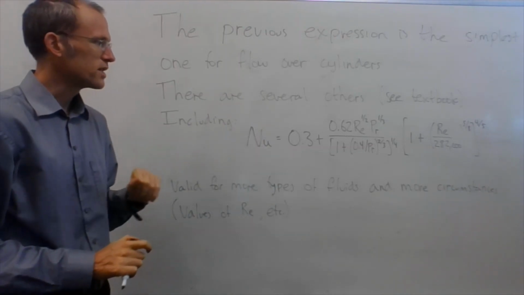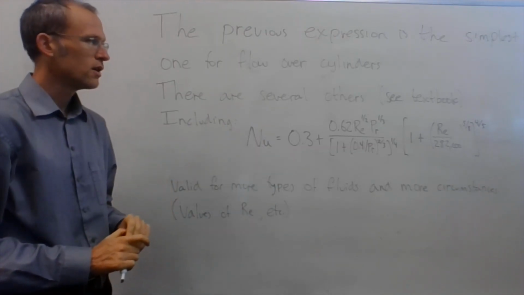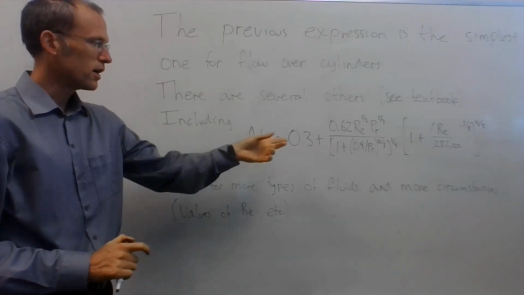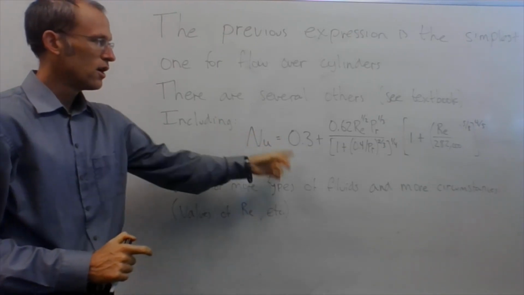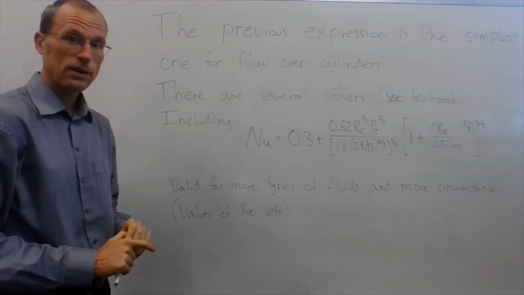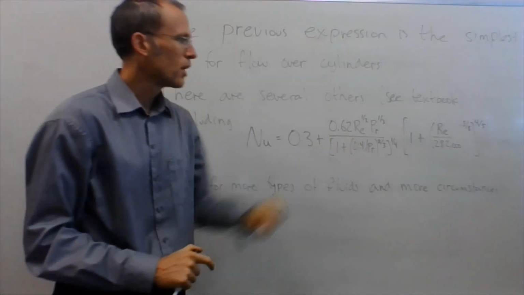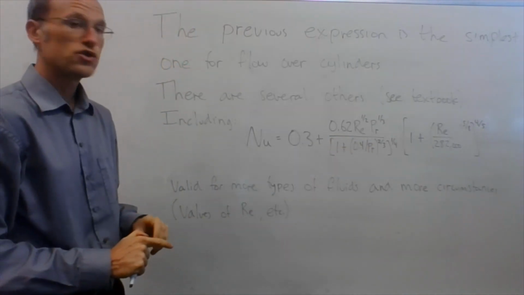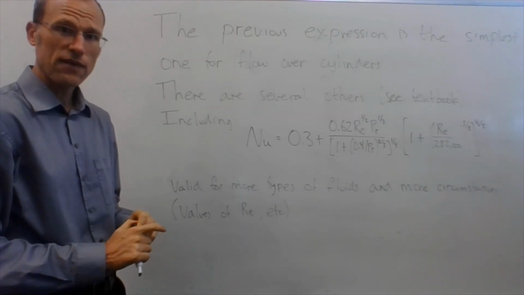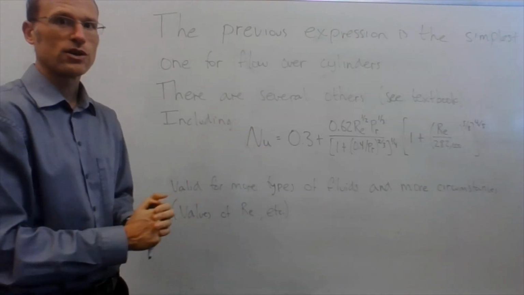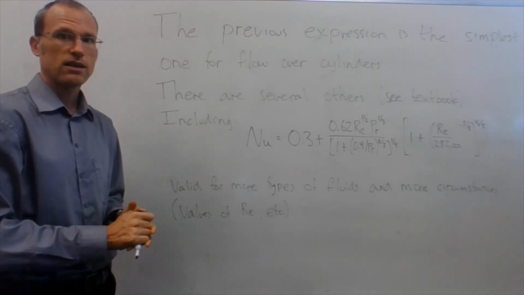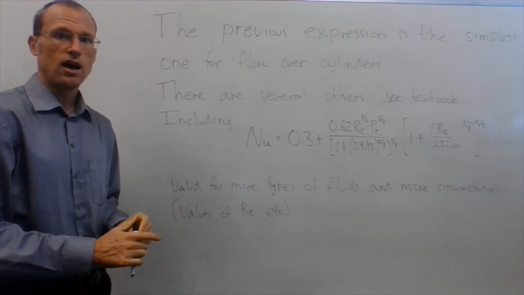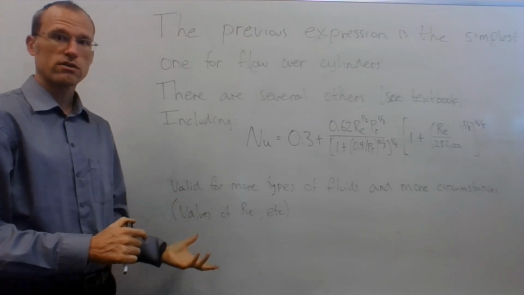0.3 plus 0.62 Reynolds number to the 1/2 power, Prandtl number to the 1/3 power, divided by 1 plus 0.4 divided by Prandtl number to the 2/3 power, whole denominator to the 1/4 power, all multiplied by 1 plus Reynolds number over 282,000 to the 5/8 power, whole thing to the 4/5 power. A bit more complicated, but the nice thing about this one is that it's valid for more circumstances, more fluids, more ranges of Reynolds numbers.